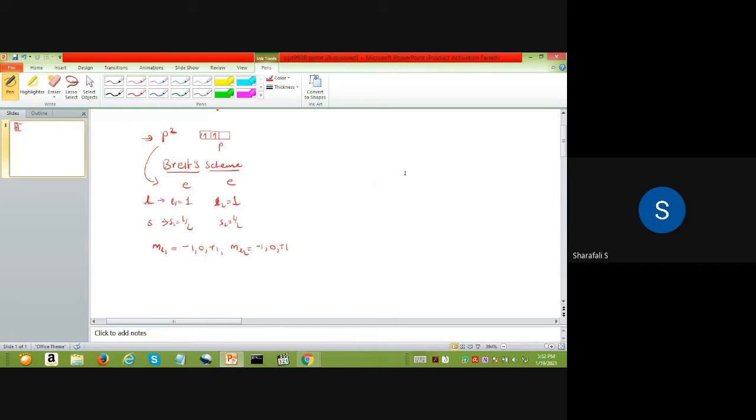First, you have to form a set of values for ML. We write ML1 here: plus 1, 0, minus 1. In this column we write the second ML values, ML2: plus 1, 0, and minus 1. Now add these two ML values.